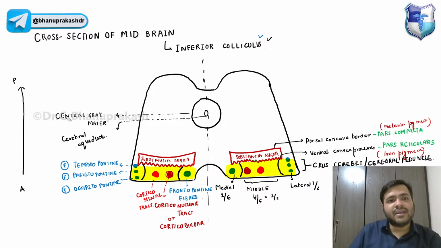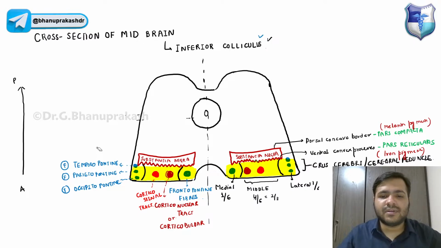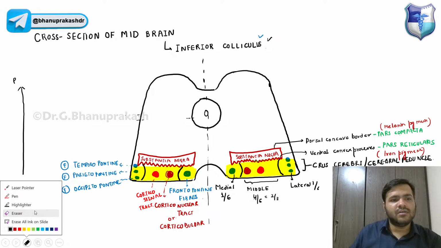I am removing the central gray matter and cerebral aqueduct because you already know them, and now we have to fill in all the nuclei over here. So please be with me, guys, so that we can draw all the nuclei within this. Or I shall draw it bigger. No, it's okay.